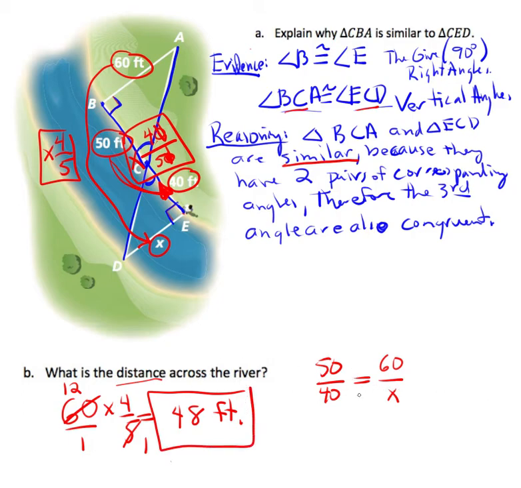Now we could do that same thing with cross products here for our proportion. So that would be 50x equals 40 times 60. Ooh, some big math here. So that'd be 2400 equals 50x. Divide both sides by 50.